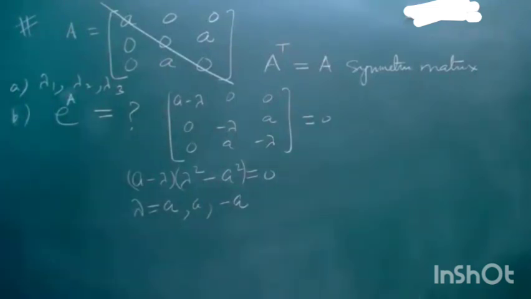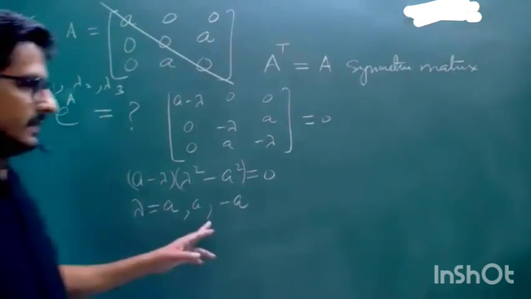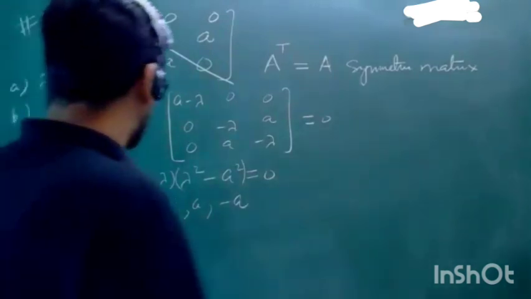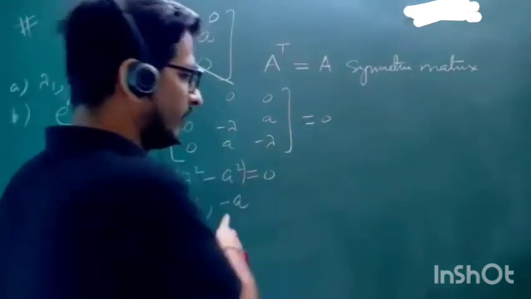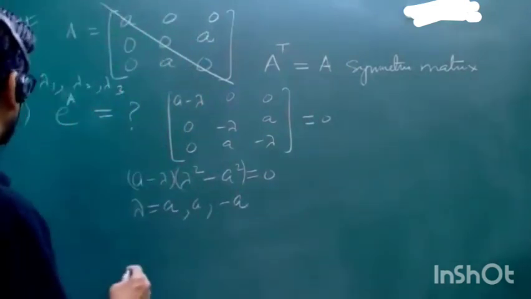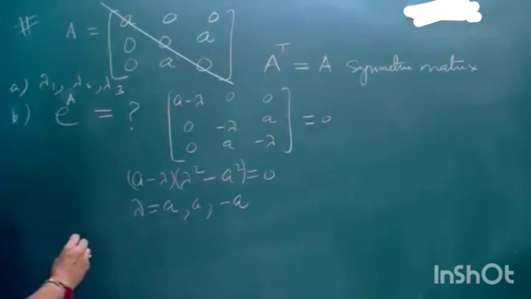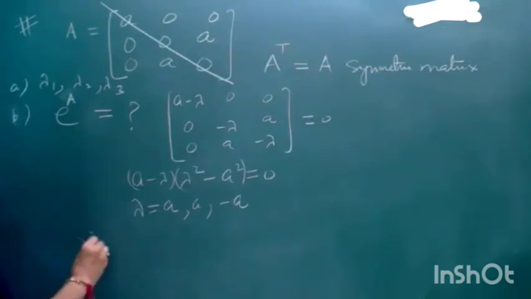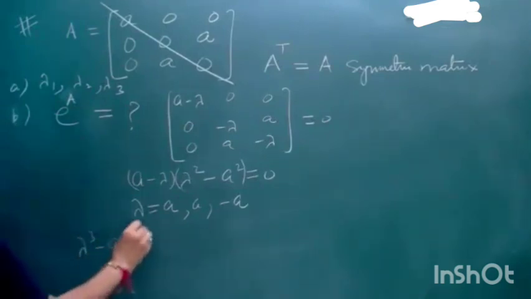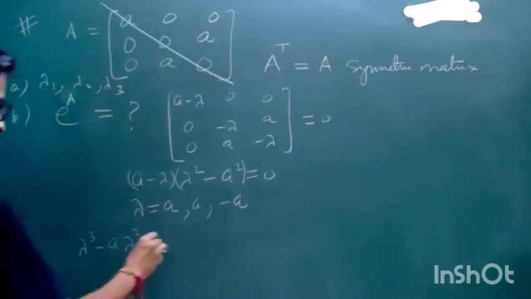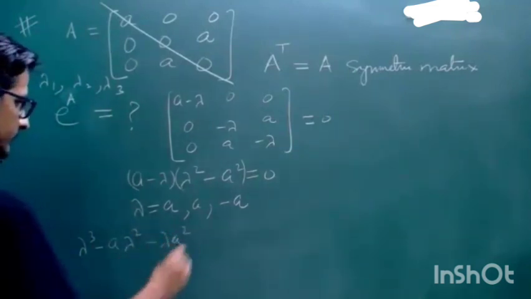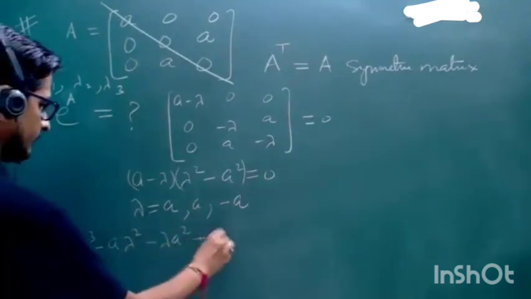And one question may be asked, let me tell you. The form that I was writing, actually there was a purpose behind that, in the form of lambda cube: lambda cube minus a lambda square minus lambda a square plus a cube equal to 0.